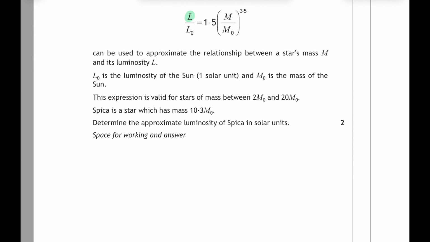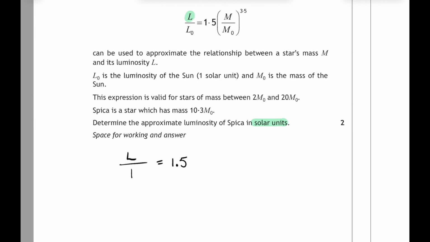And here's the number we're looking for. Spica is a star which has a mass of 10.3 m naught. So let's write this relationship down again, and we'll substitute in what we know. L is what we're looking for. Now, L naught is the luminosity of the sun, and that's 1 solar unit. And we're looking for the luminosity of Spica in solar units, so we can sub in the number 1 on the bottom there.